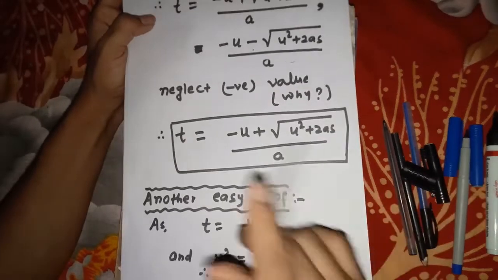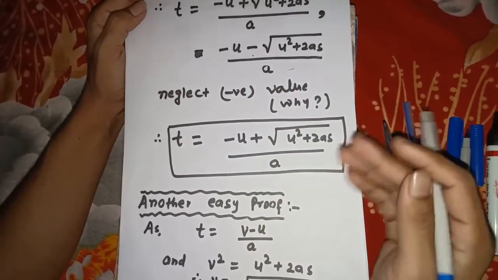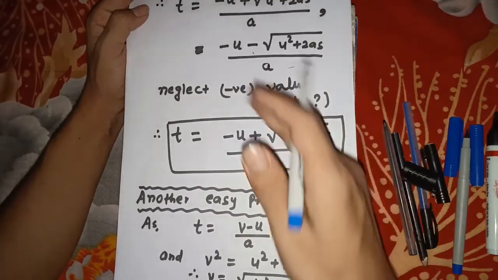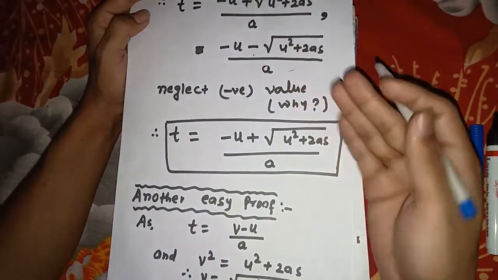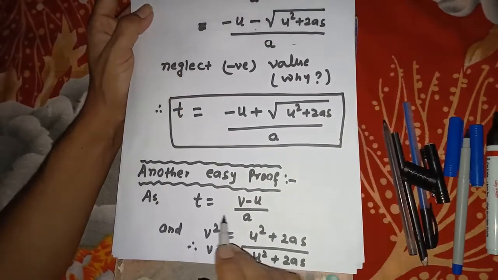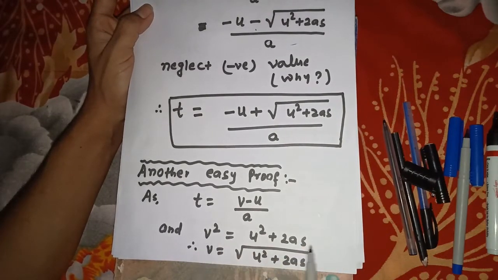Now this same expression can be easily derived by another method. You can easily understand it. If you don't want to use the quadratic formula, then I will give you another method.